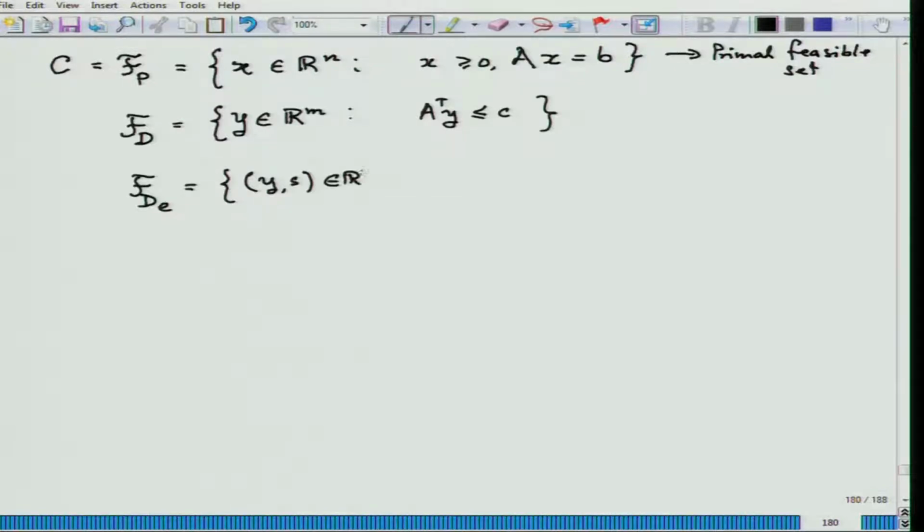So, it is R^m cross R^n with A transpose y plus s equal to C, and s is greater than or equal to 0.